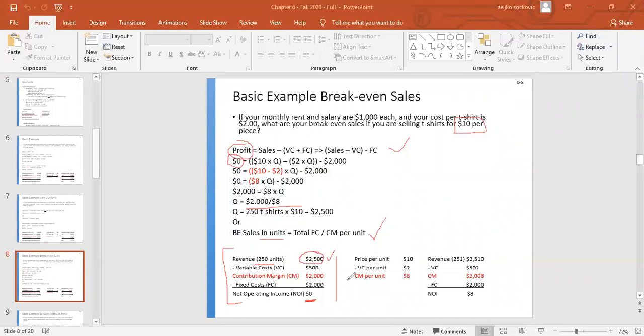That's the question, for example. You don't know what your sales are, but you know what your fixed cost is. If your fixed cost is 2,000, and you have 0 here because that's your profit at break even, then what is your contribution margin? Contribution margin is 2,000. That's it.